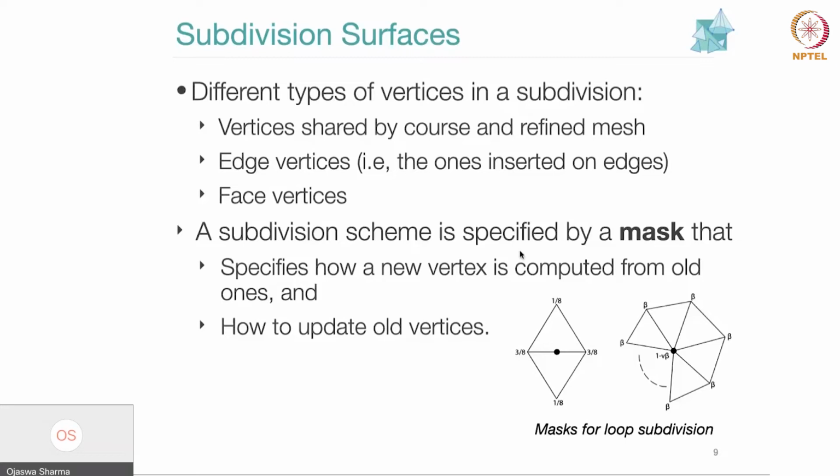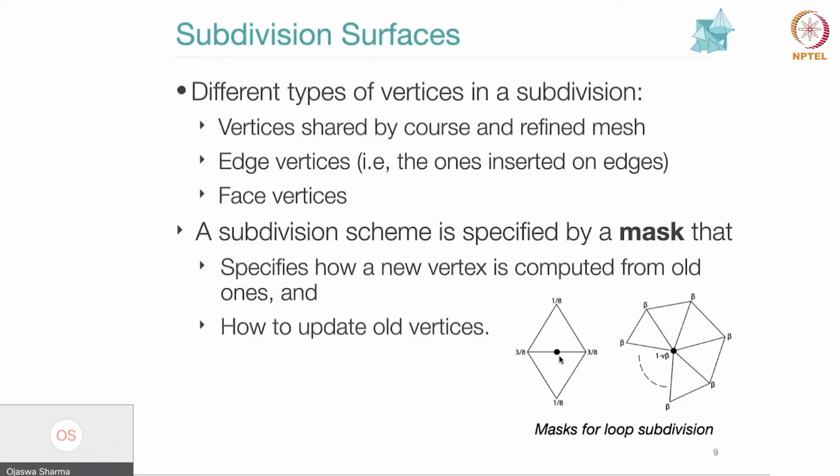For example, in the first figure, this dot in the center is a new vertex created on an edge. And these numbers 1/8, 3/8, 3/8, and 1/8 tell you the weights of the vertices of the adjacent triangles of this edge.